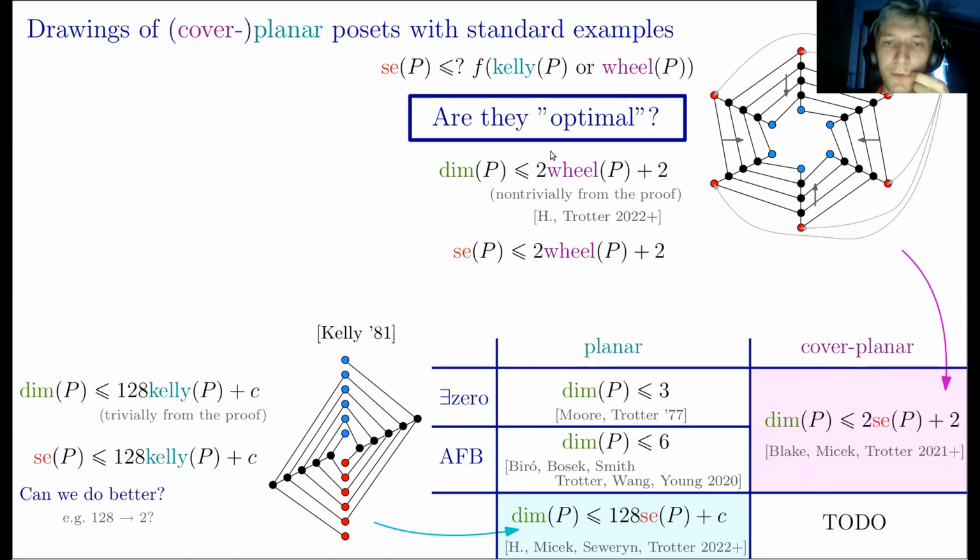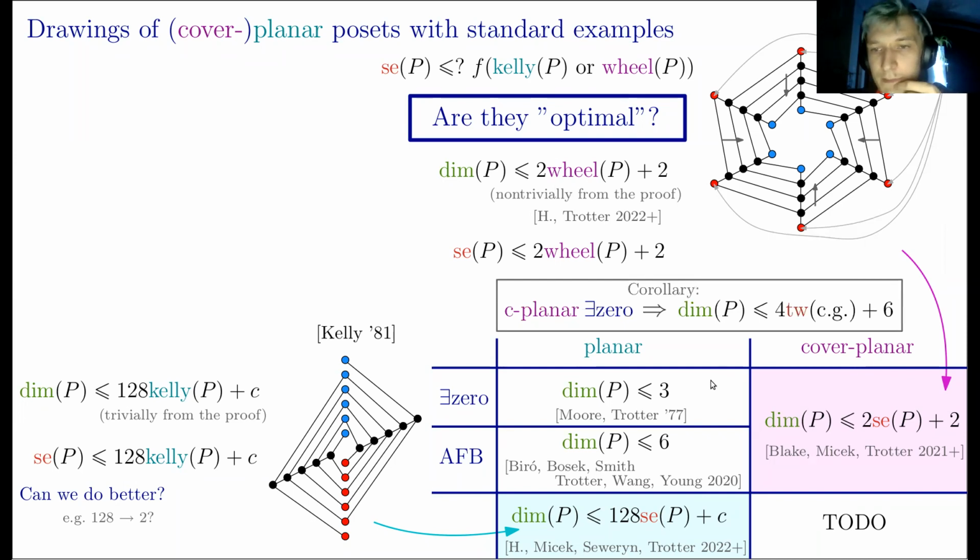Okay, and one more corollary of this. It turns out that if I have a cover planar poset with 0, then dimension is bounded by some function of the tree width of the cover graph. This was the question which motivated us to do this work, the original question.